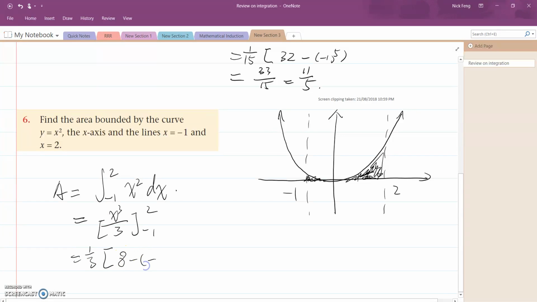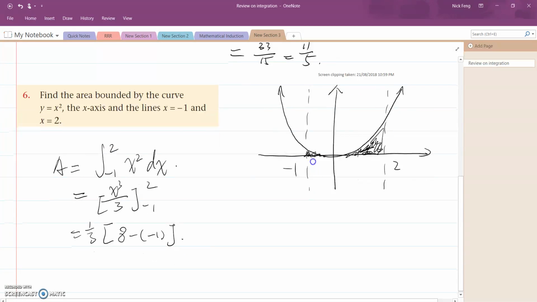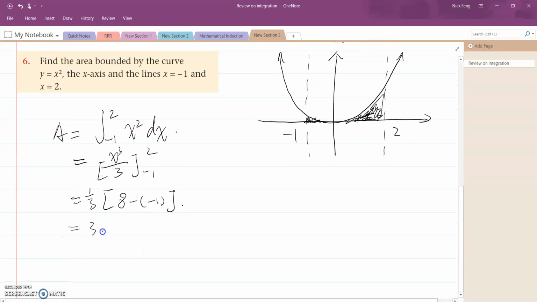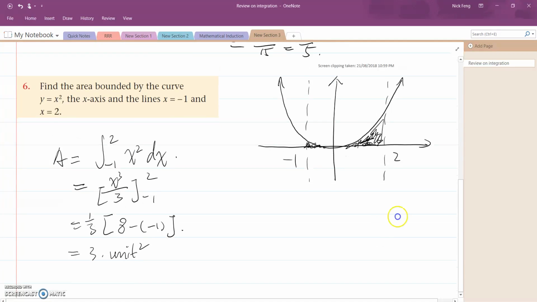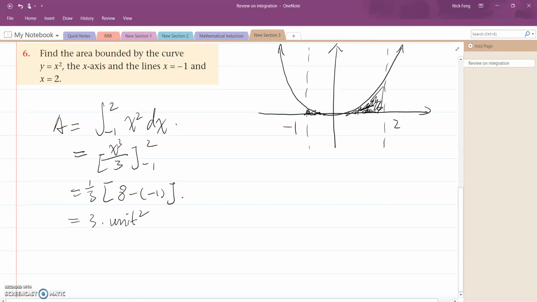That's 8 minus -1. That will give us 3. Don't forget, it's area, therefore units squared. Nothing fancy. We have done this in class, so not that difficult.